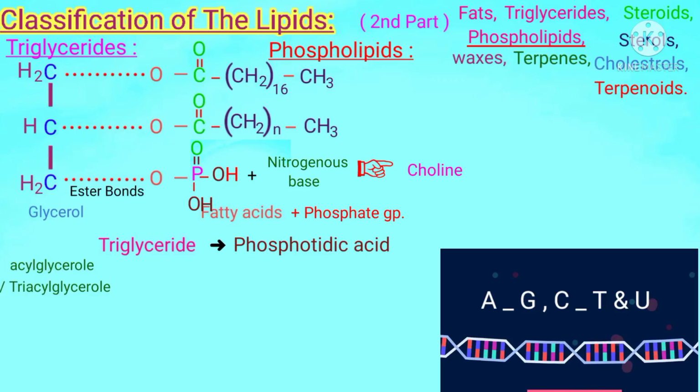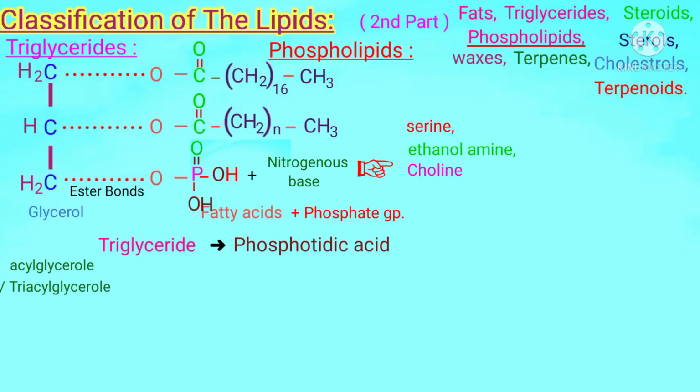That is a very famous lipid nitrogenous base. Another, ethanolamine, students, is also a nitrogenous base. Another, serine, is also a common nitrogenous base for lipids. So students, there are a number of nitrogenous bases which we can add to phosphatidic acid to prepare our phospholipid.